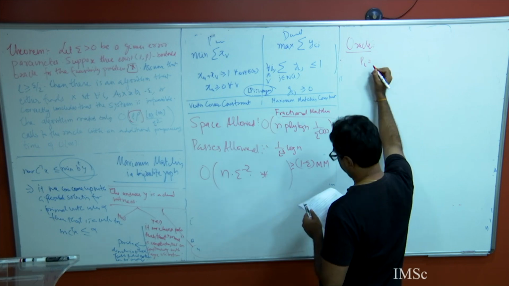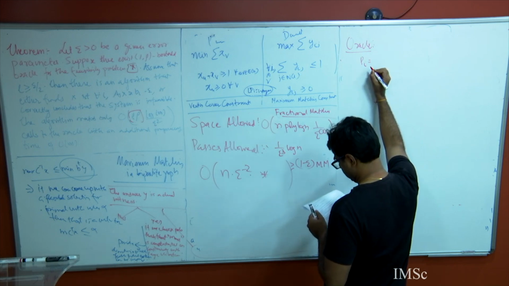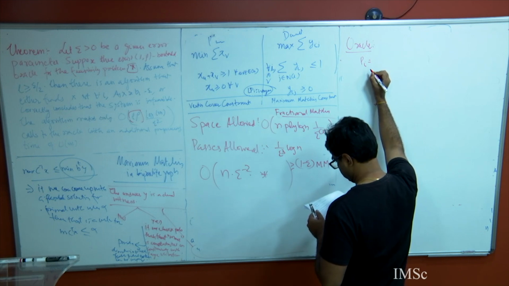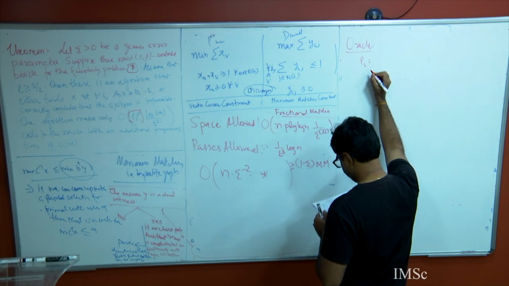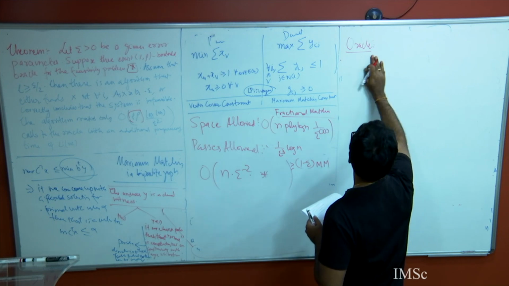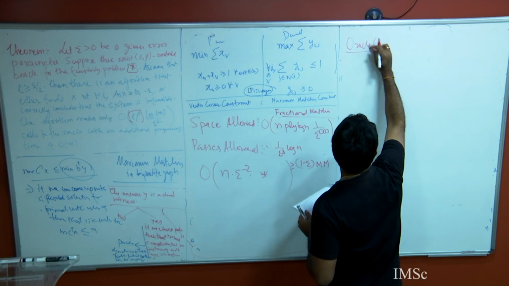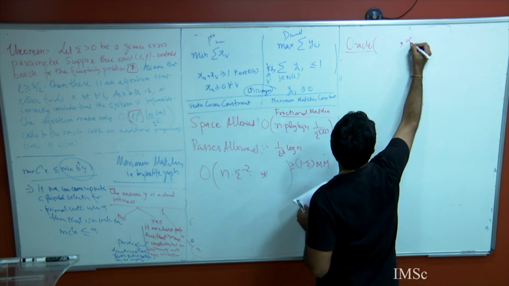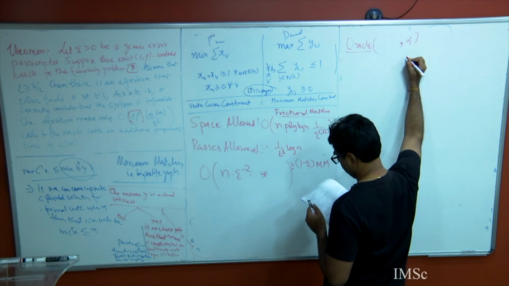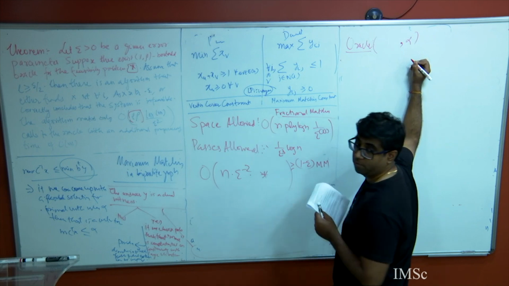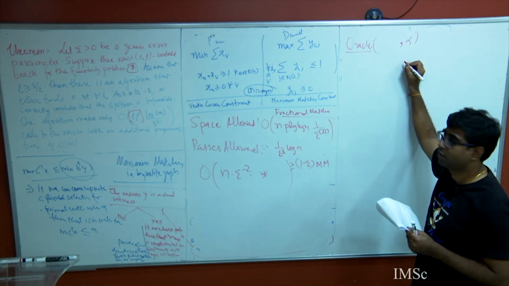What is my probability pi? So what does the oracle take? A number alpha, and some probability vector. This is what it takes, right?